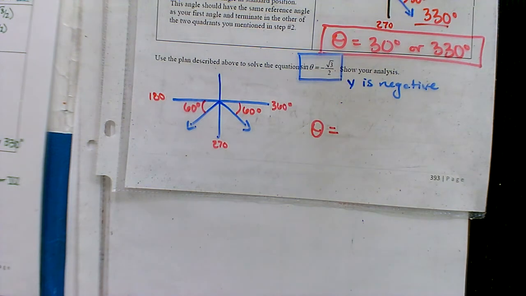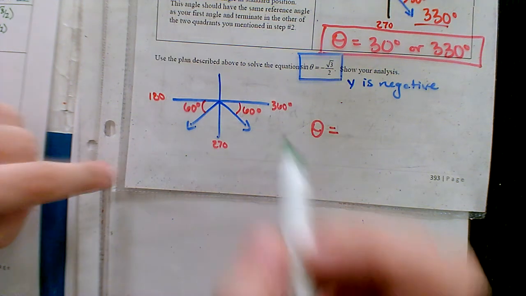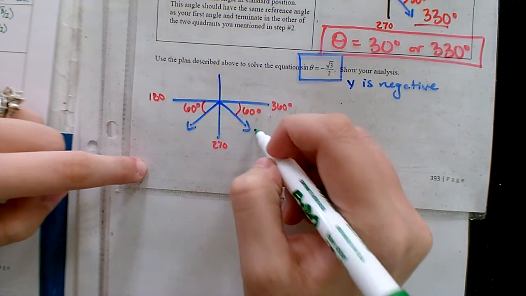What might this angle theta be? What do you think, Rebecca? The angle is 300. All right, so that would be this one.